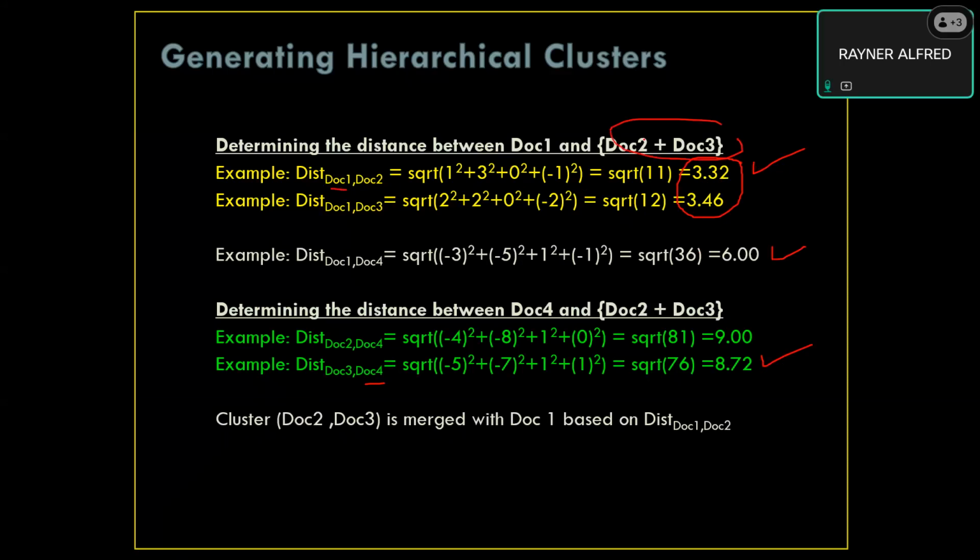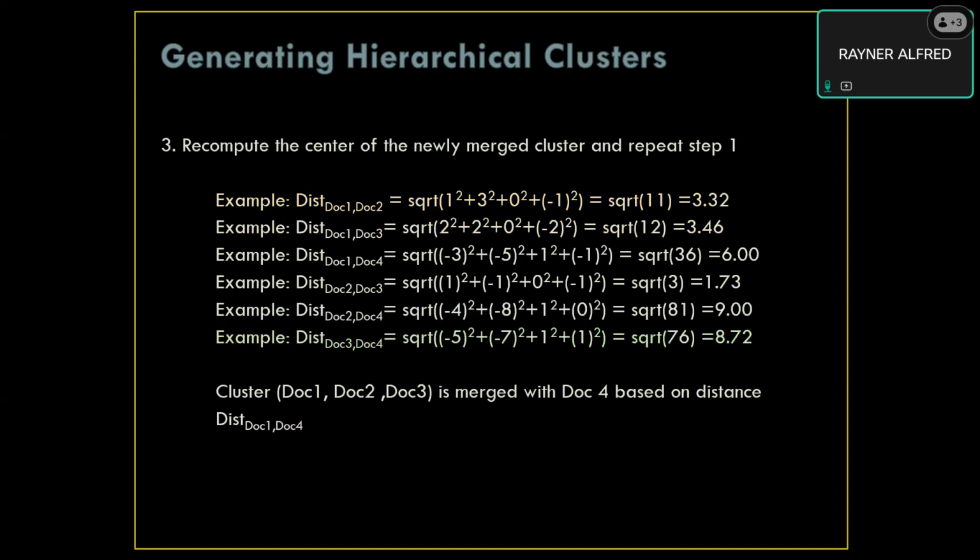Document 1 is nearest to this cluster. So then we combine that one. Okay, so you need to know how we get the distance between these two clusters. In the previous example, we used the centroid, but for this one, we need to find the closest distance between two members from different clusters.